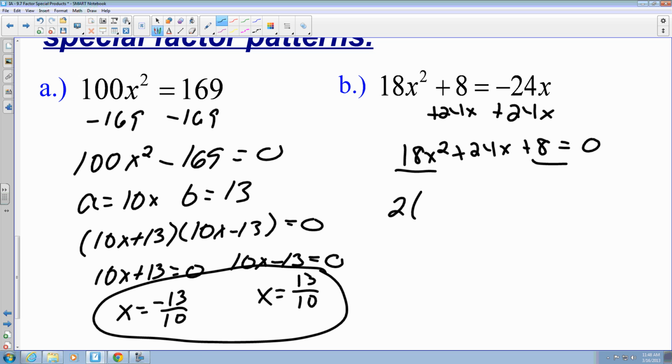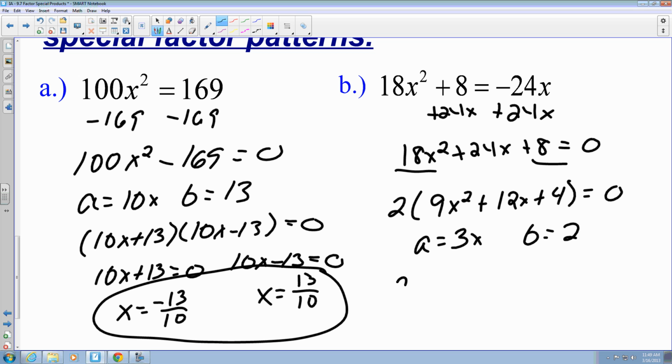So I can go 2 times 9x squared plus 12x plus 4 equals 0. And 9 is a square, the square root of 9 is 3, and 4, the square root will give me 2. So A would give me a 3x, b would give me a 2. So I can write this as 2 times quantity 3x plus 2 times quantity 3x plus 2 equals 0.